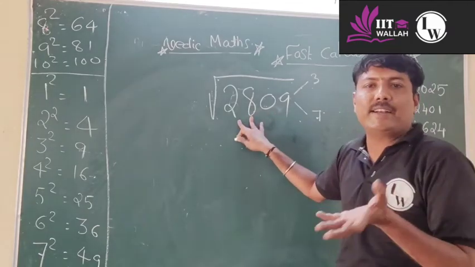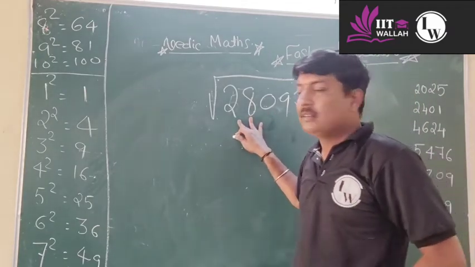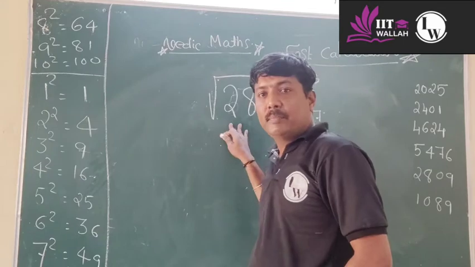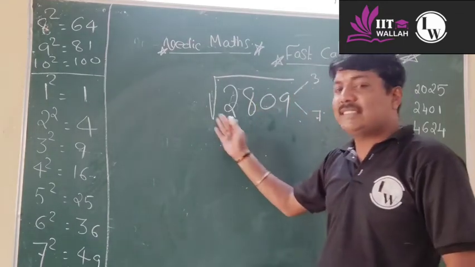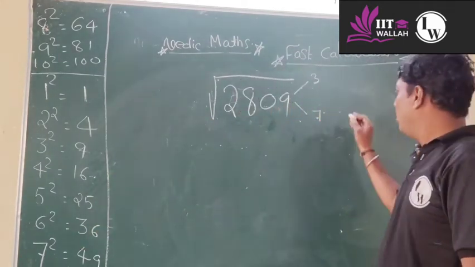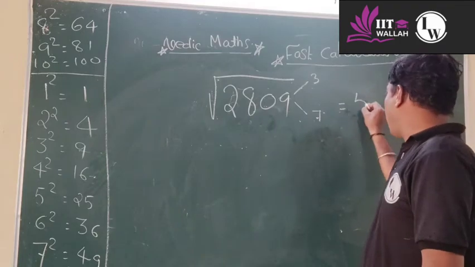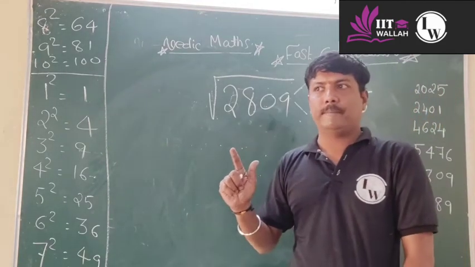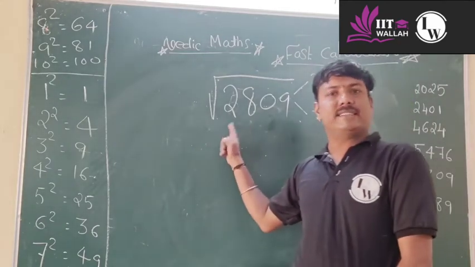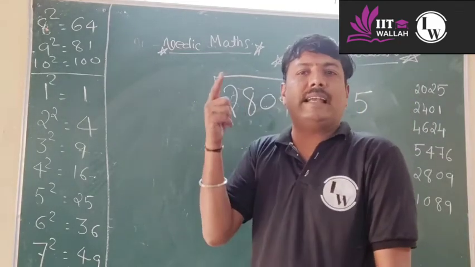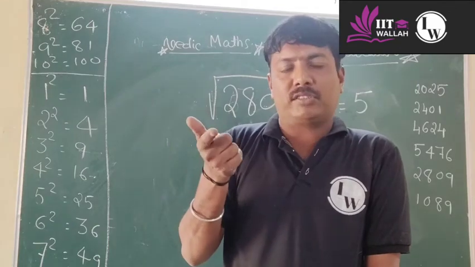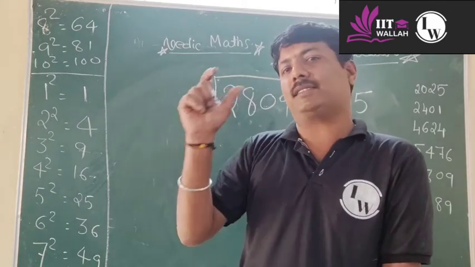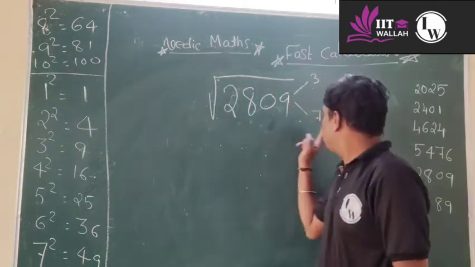Which number is nearby 28, which is a perfect square? Below 28 is 25. So the square root of that is 5. Okay? This first step you understood clearly. We are thinking about the nearest perfect square, which is 25, and we are writing the square root of that, that is 5.